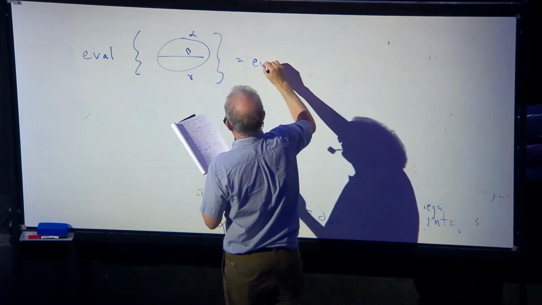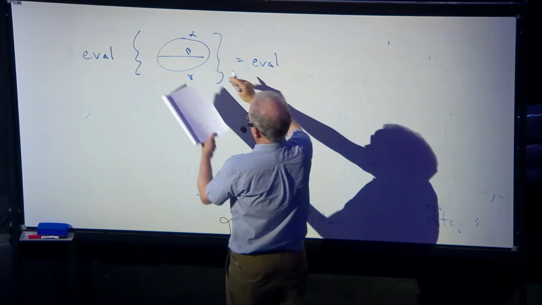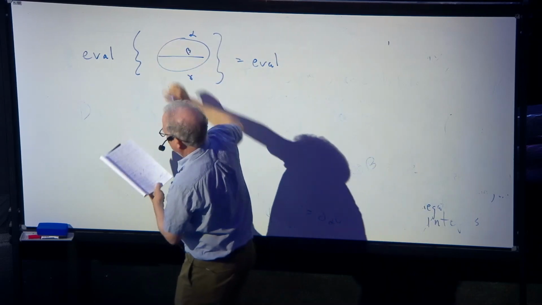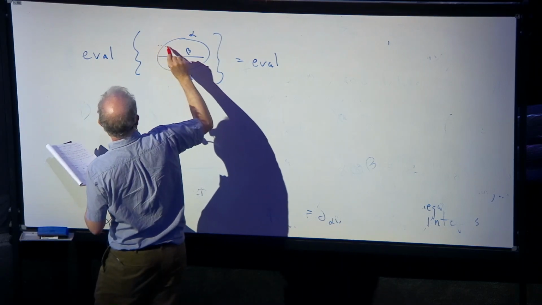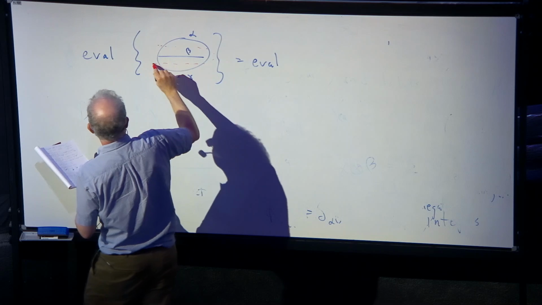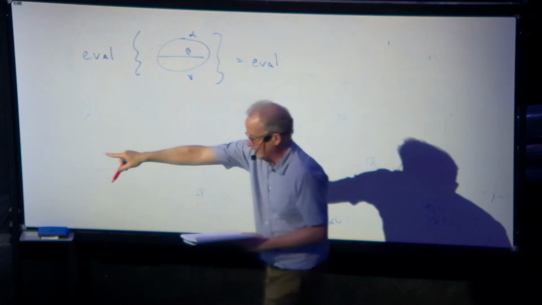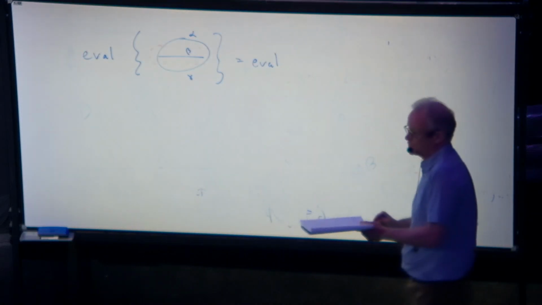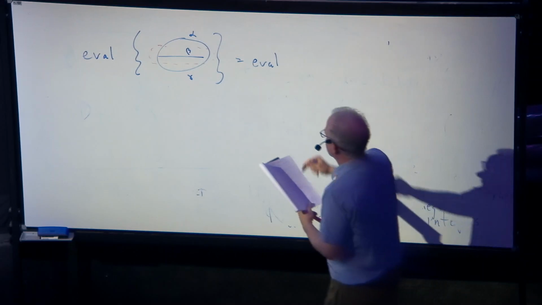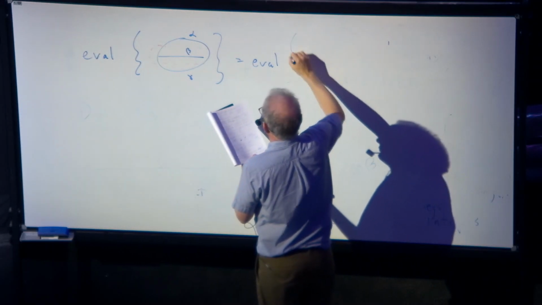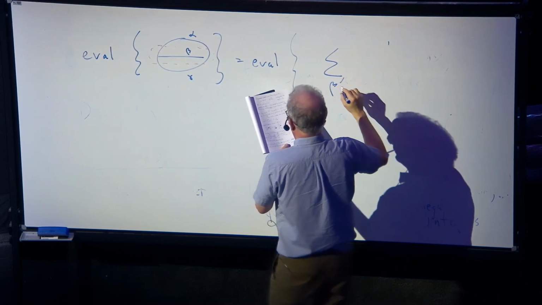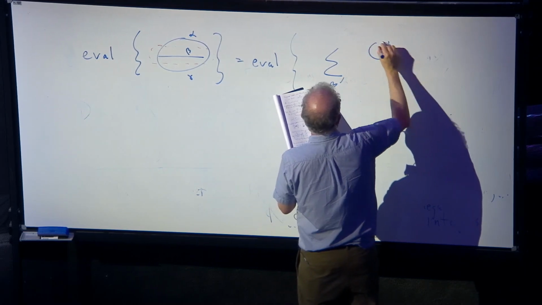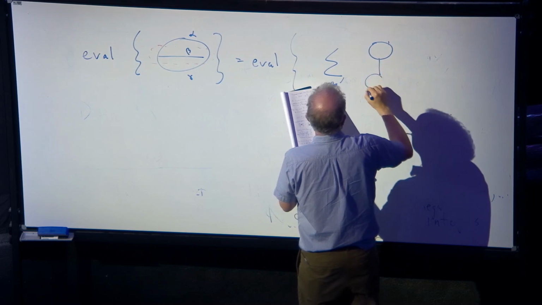So that's equal to the evaluation. But then I can look at this part. I sort of take this subgraph. So I just look at that region there. And then that looks exactly like I drew there. So I can then replace this with the evaluation of this thing.